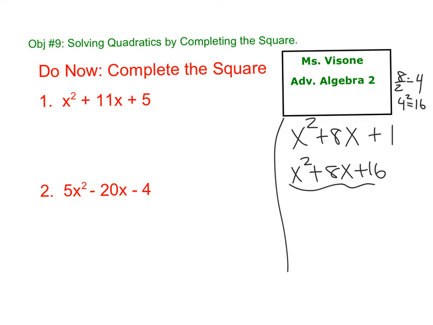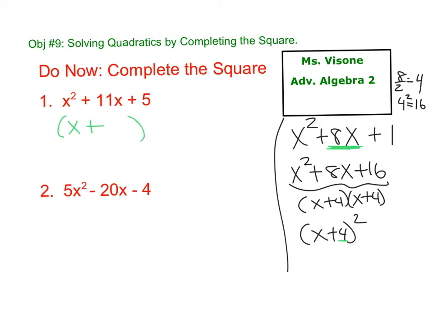So this becomes x plus 4 times x plus 4, which is x plus 4 squared. So notice the middle term divided by 2 is this number. So over here in number 1, that inside number is half of 11, or 11 over 2.